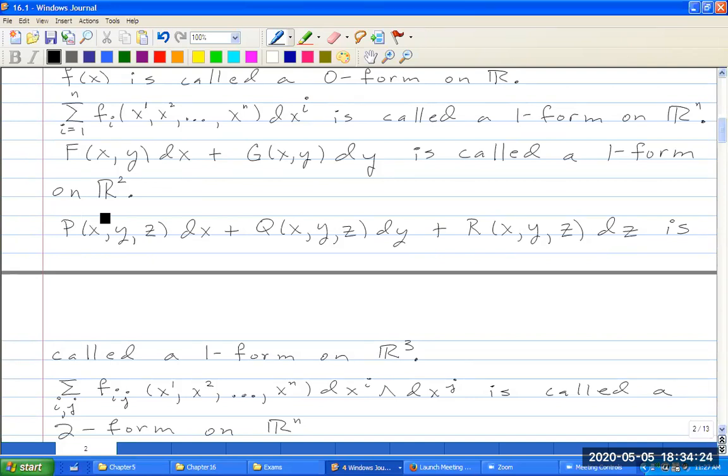So P(x,y,z) dx plus Q(x,y,z) dy plus R(x,y,z) dz. This is a one form on R3. So any one form on R3 will look something of this type.